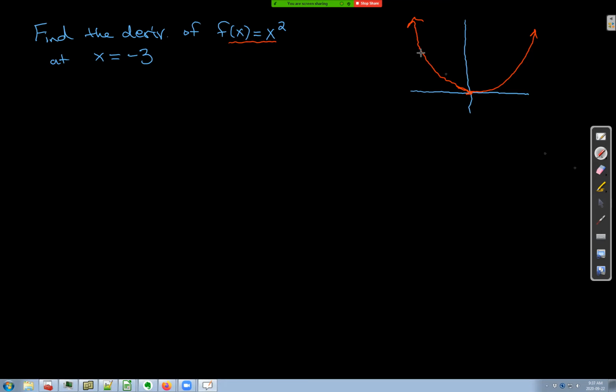And then here's a point on the parabola, and we're going to say it's the point where the x coordinate is -3. I want to see if you're paying attention. What's the y coordinate of this point going to be?